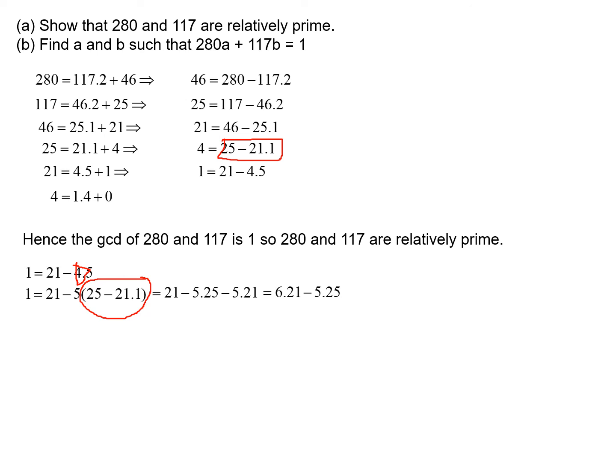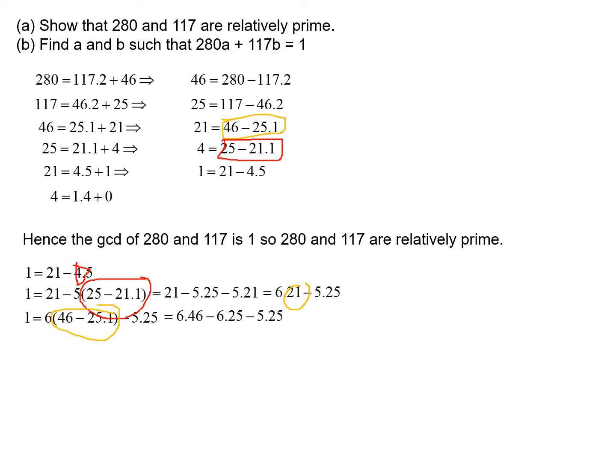For the next line, you have 21 equals this, so we substitute the equivalent of 21 over here. This orange color is substituted as 21.